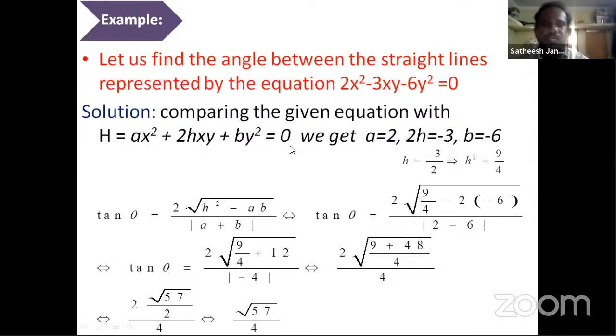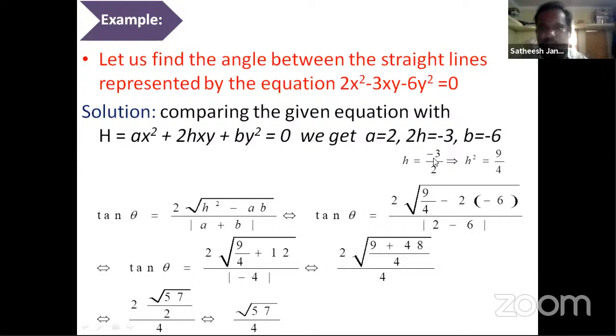In the general form, the x square coefficient is a. In our given problem, the x square coefficient is 2, so a is clearly 2. In the given problem, the xy coefficient is minus 3, where the xy coefficient is 2h. That means 2h is equal to minus 3, so h is equal to minus 3 by 2.